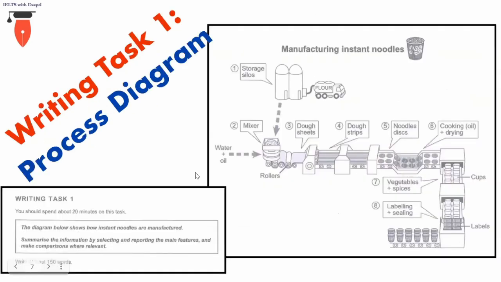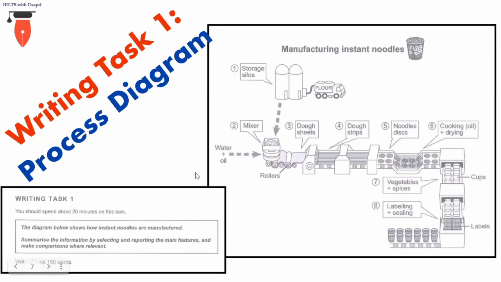Let's move to the third type of writing task that we get. Now, I won't say they are very common, but you should always be prepared for everything. So here you see that you have to write about how instant noodles are manufactured. There are certain stages, and the total number of stages is 8, and the different stages have been given in detail.